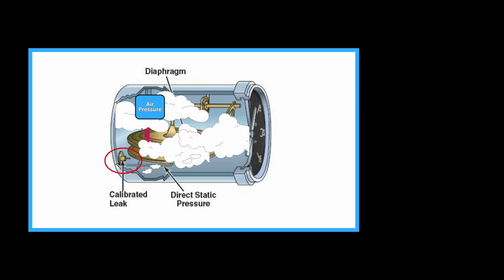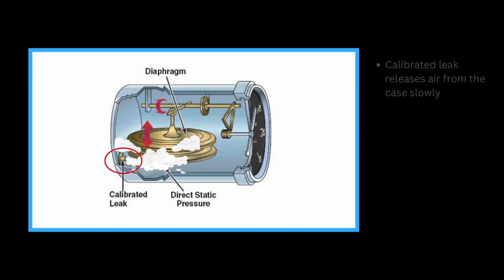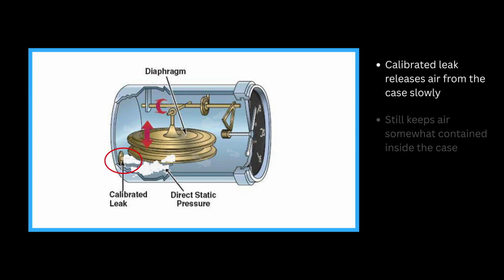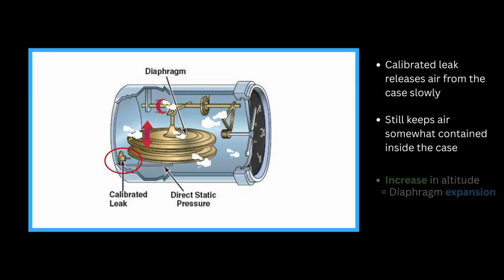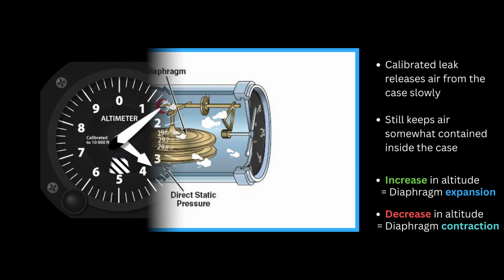The calibrated leak allows air to exit the case slowly so an excess of pressure is not built up, but still keeps air somewhat contained inside the case. If you're gaining altitude, the case is at a higher pressure than the diaphragm, causing it to expand. If you're losing altitude, the case is at a lower pressure than the diaphragm, causing it to contract.